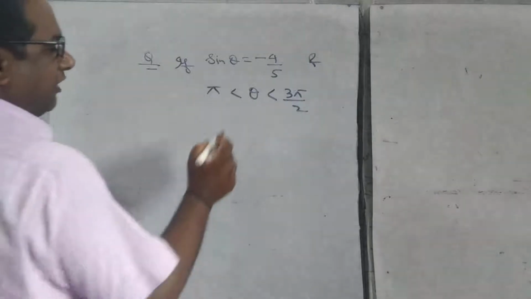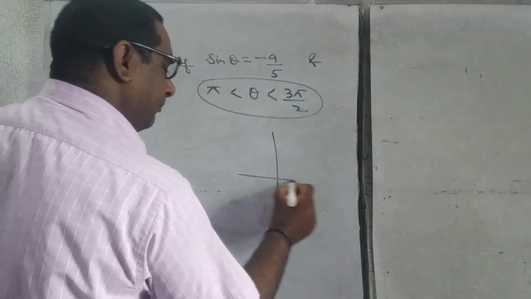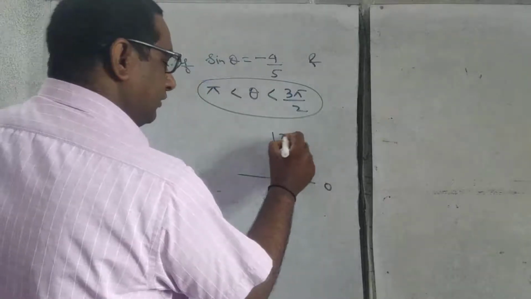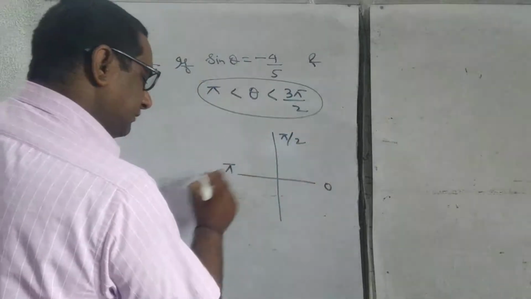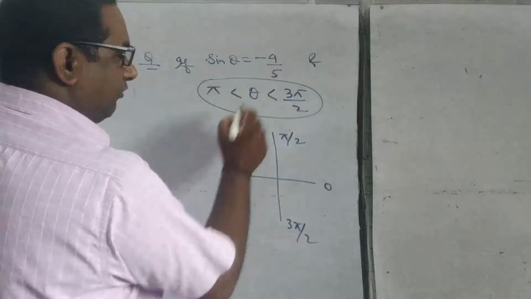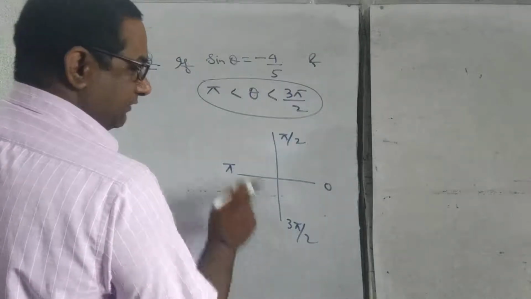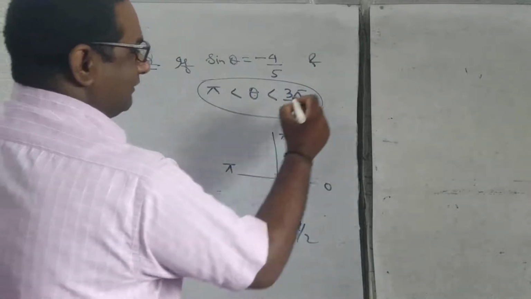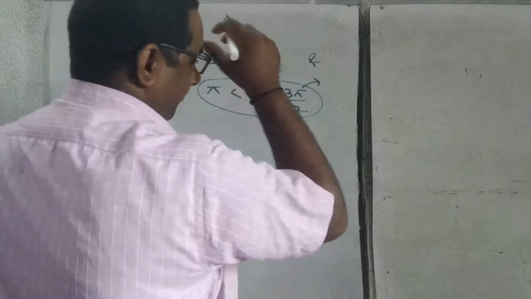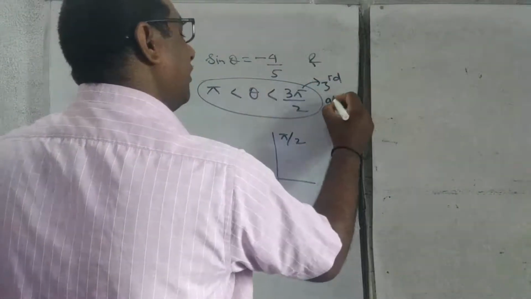So first of all, understand the meaning of this. See what happened. This is 0. This is pi by 2. This is pi. This is 3 pi by 2. Now here theta is lying between pi and 3 pi by 2. So this is the range of the third quadrant.